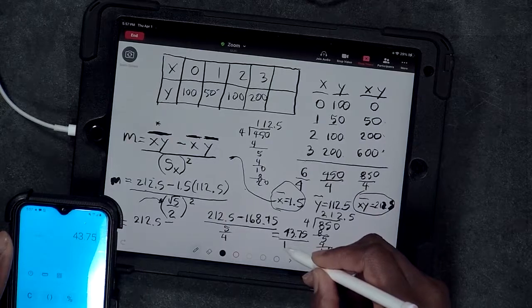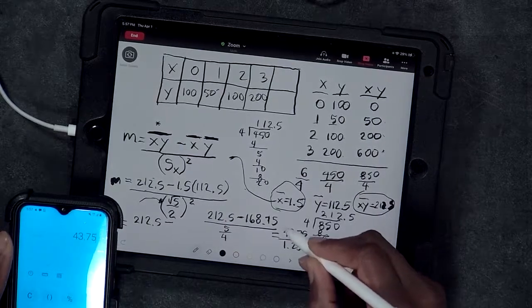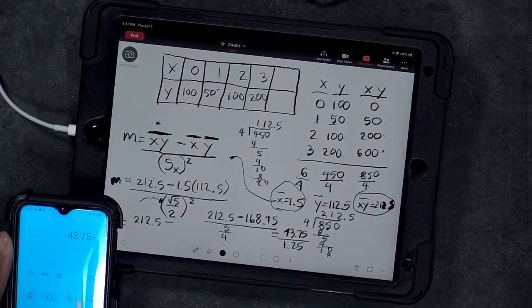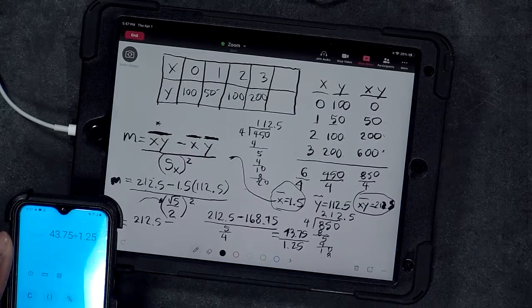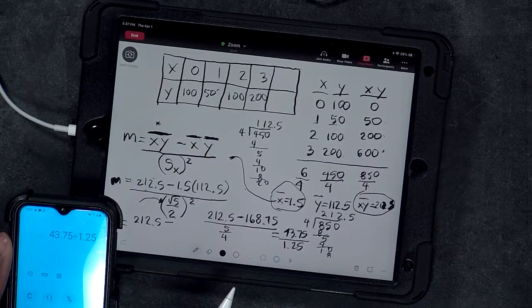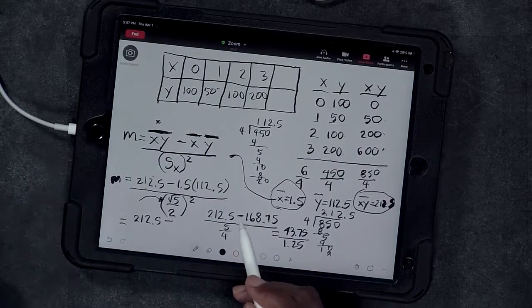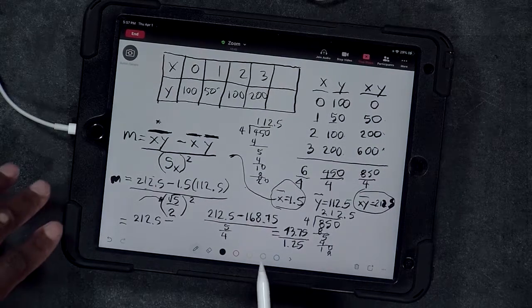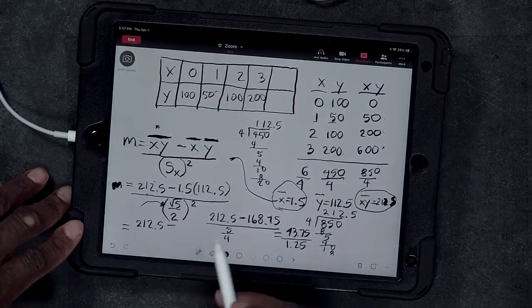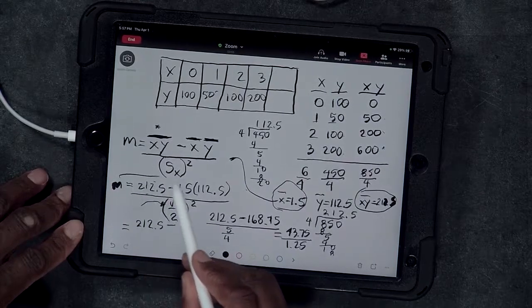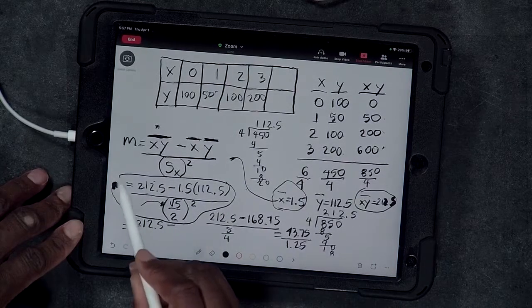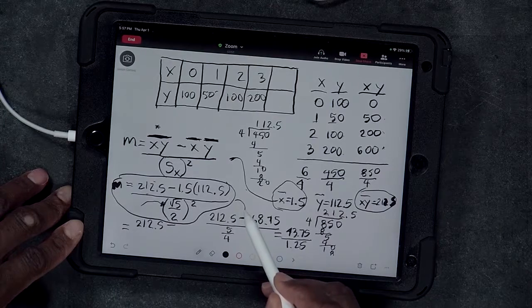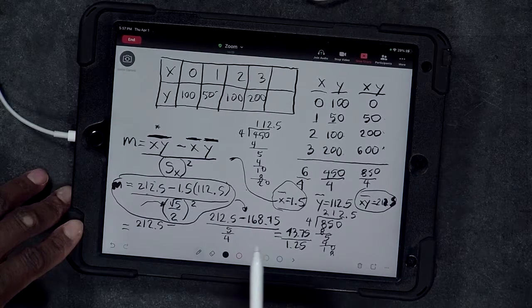Divide that by 1.25. All right, and I get 35. So the slope is 35. I hope this is clear. I went from here to here. Okay? So the slope is 35.